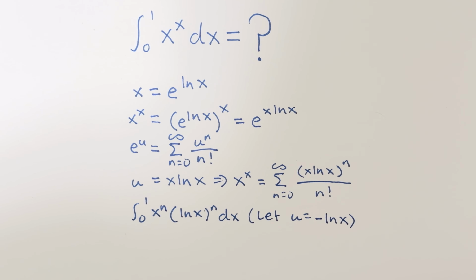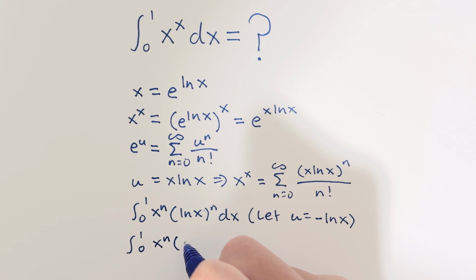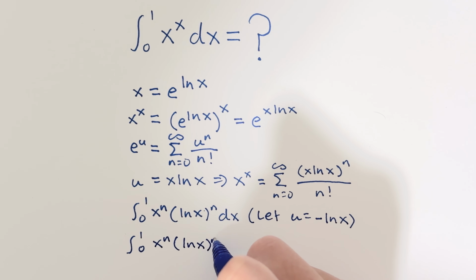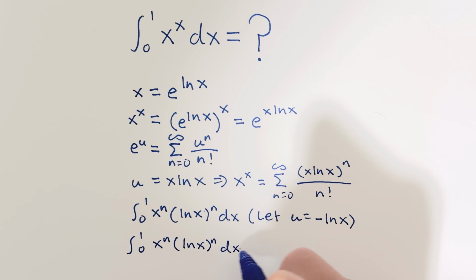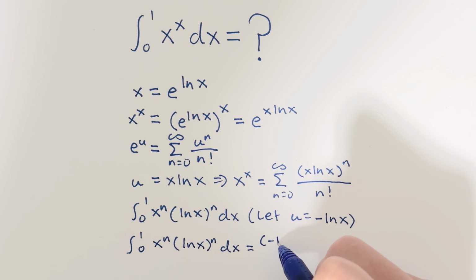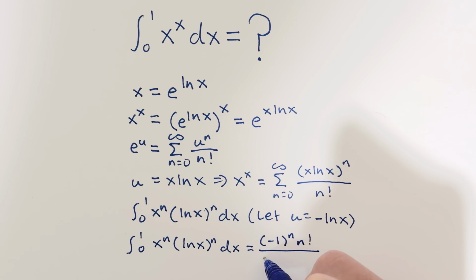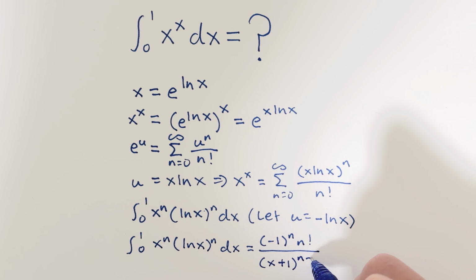Without getting bogged down in the weeds, the result of this specific integral would be: the integral of x to the power of n ln x to the power of n dx equals negative 1 to the power of n times n factorial divided by n plus 1 to the power of n plus 1.